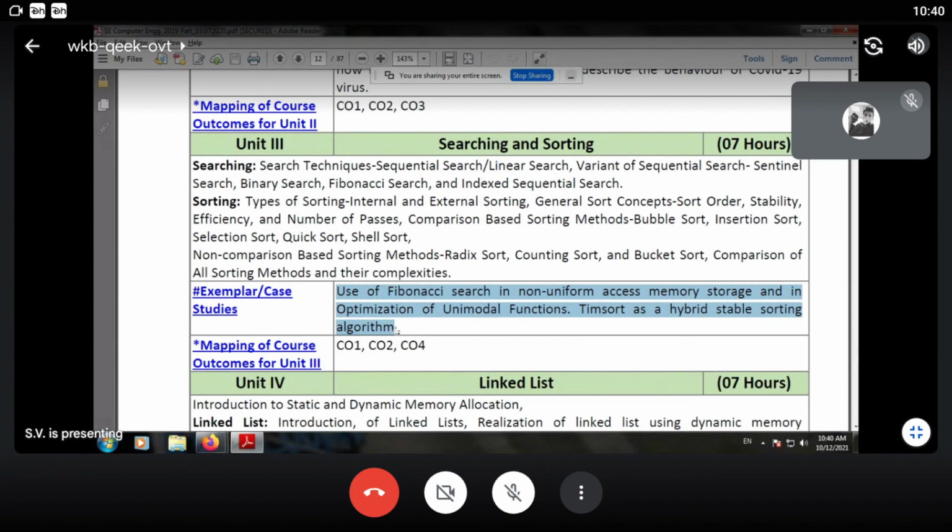Participants, any questions about what to be done with case studies 1, 2, and 3? Any questions? Okay, if there is no question, I expect everyone to start with the case studies.